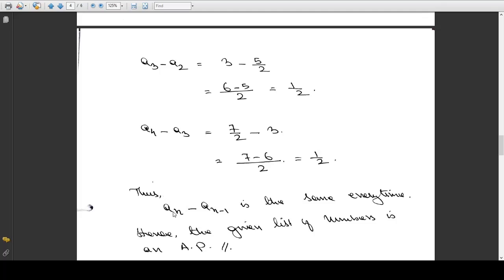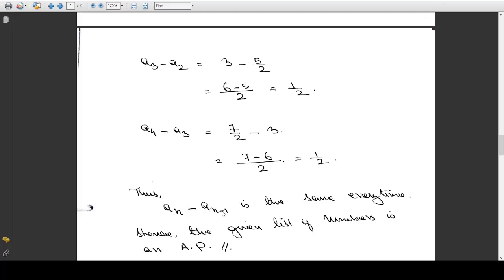Thus we can write a(n) minus a(n-1). Suppose n is 2, then a2 minus a(n-1), where n is 2 and n minus 1 is 1.